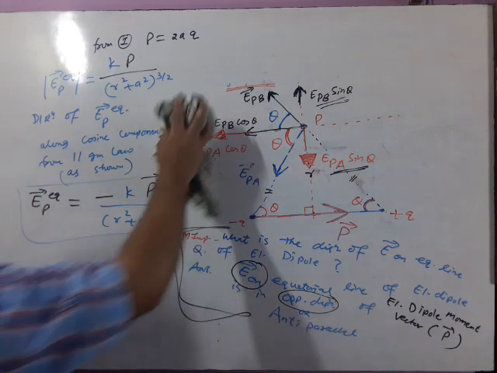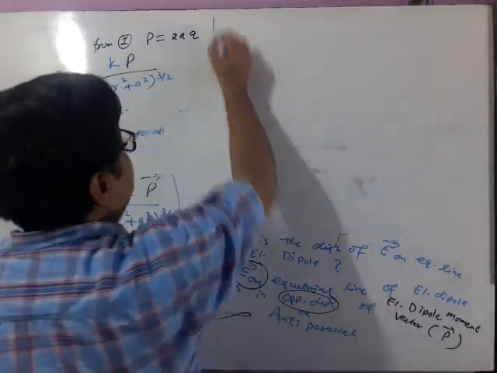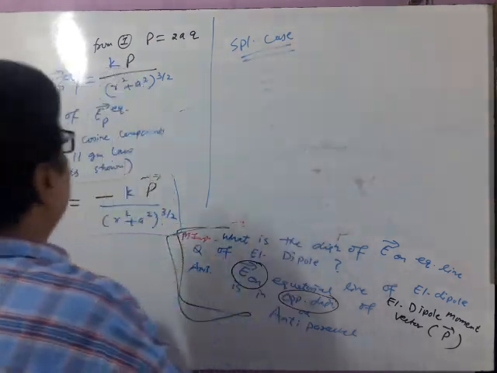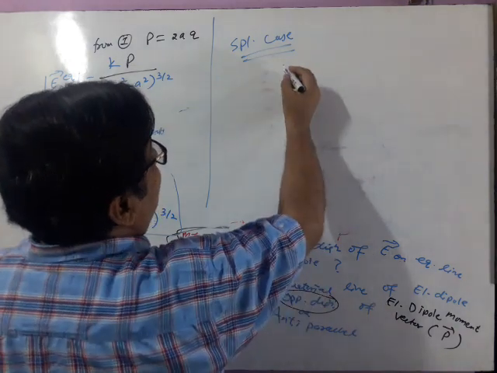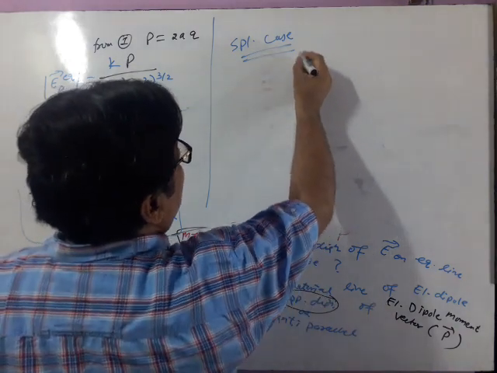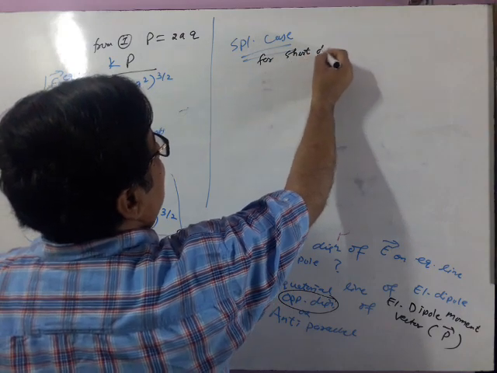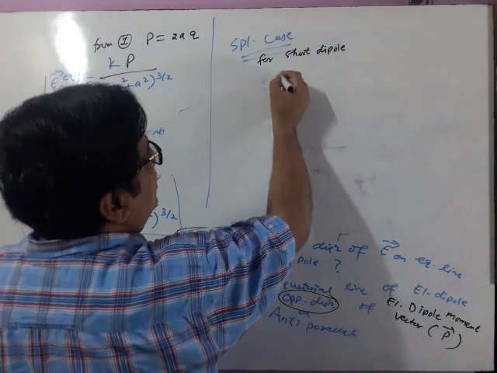Now the short dipole, a special case. As learned in the axial line derivation of the dipole, a short dipole means the dipole is very small.